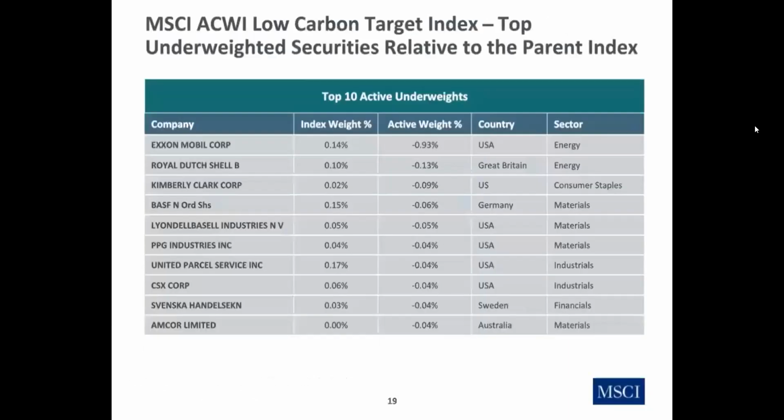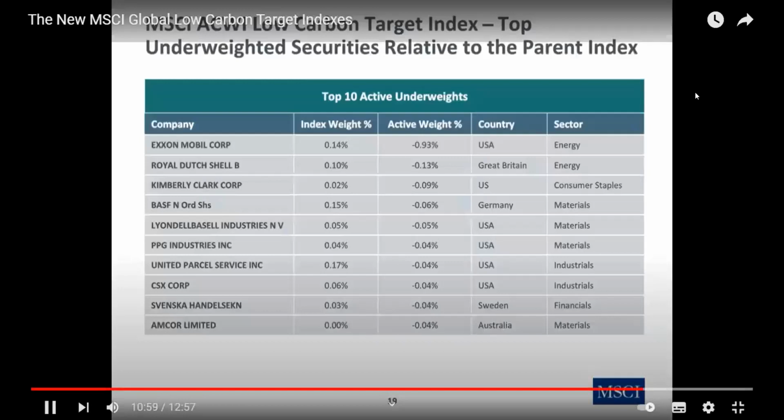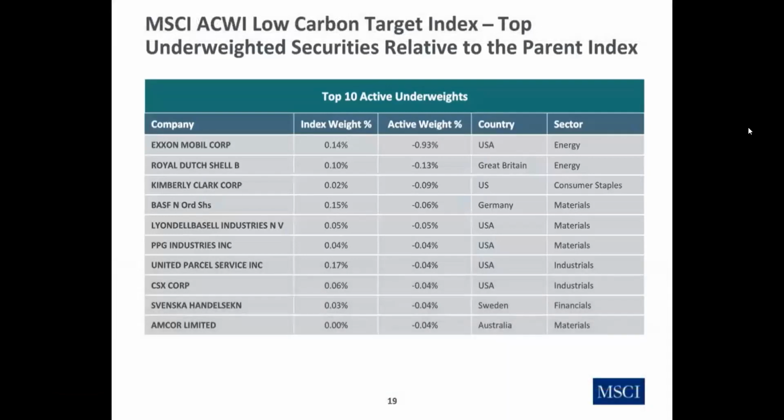In addition, taking a look at the security level, we can see the methodology at work, as it drastically underweights heavy carbon producing companies relative to their weight in the parent index. For instance, ExxonMobil Corp, which has carbon emissions in the top 1% of the MSCI ACWI stock universe, is underweighted by 93 basis points, and 87% underweight.